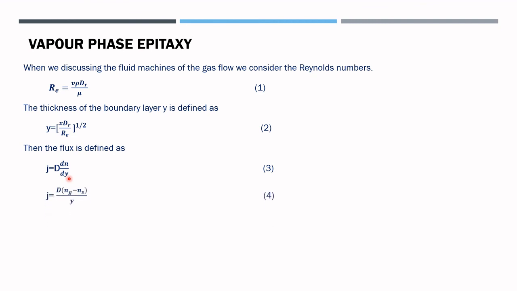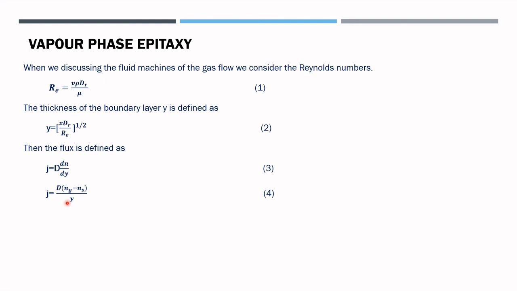This is approximated as J equal to D times Ng minus Ns divided by y, where Ng is the gas stream concentration and Ns is the surface reactant concentration. D is the gas phase diffusivity, which is a function of pressure and temperature. Y is the boundary layer thickness, and J is the reactant flux of molecules per unit area per unit time.